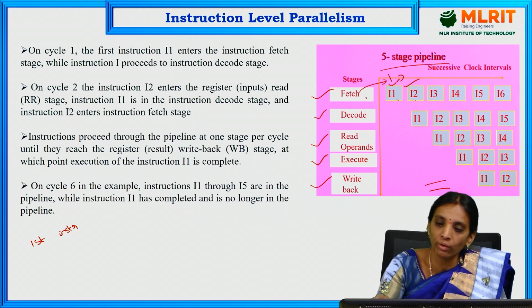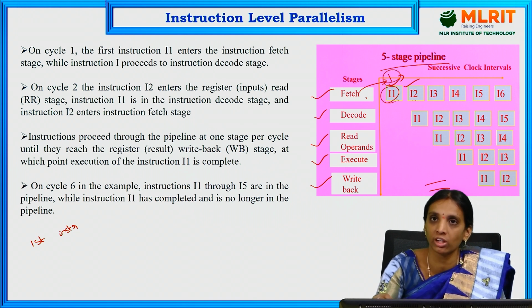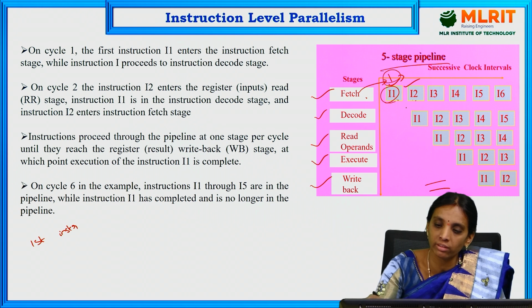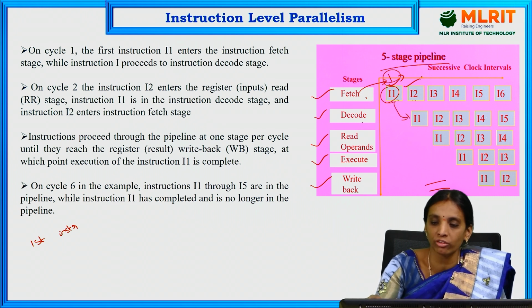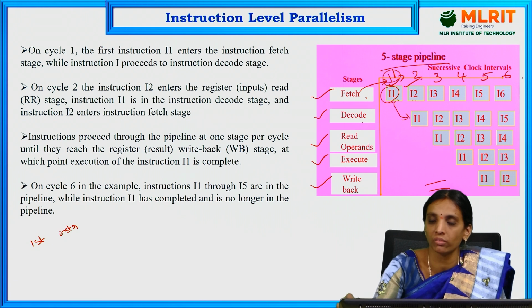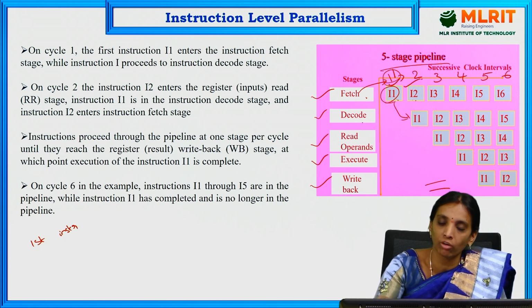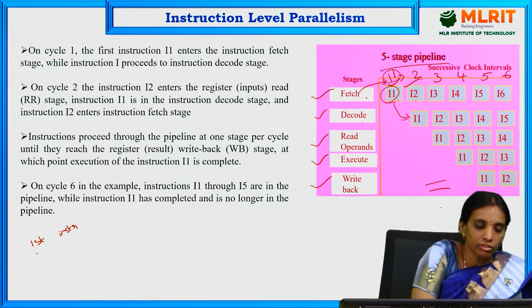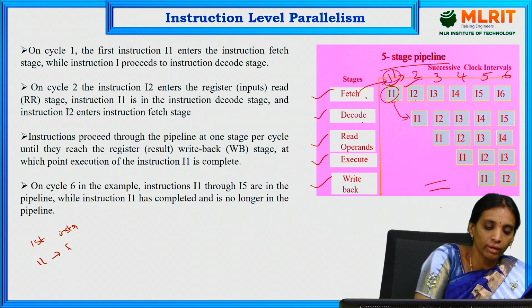So this 11th instruction goes for decoding in the next clock cycle. So let us have the clock cycles like this: first, second, third, 4, 5 and 6. In the first clock cycle, the 11th instruction goes for fetching.